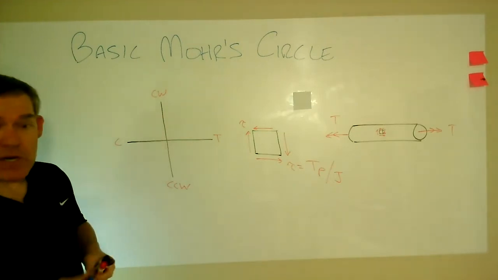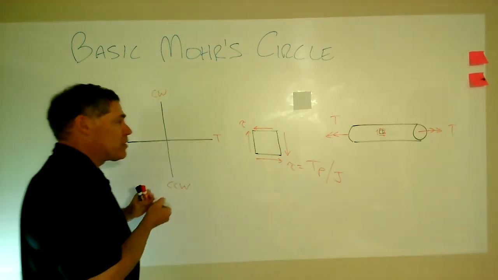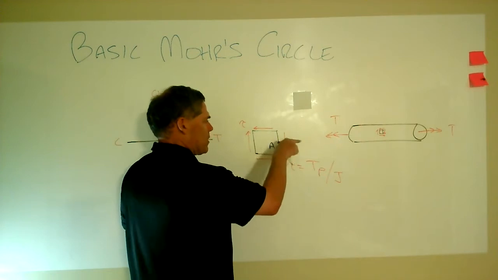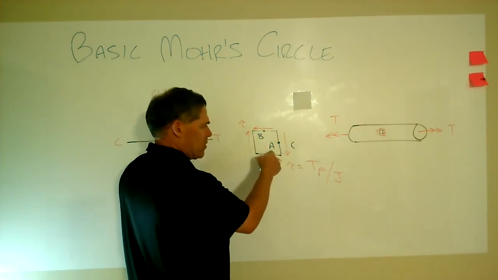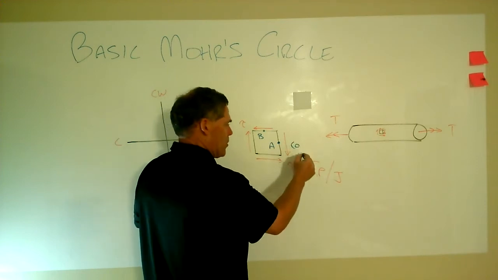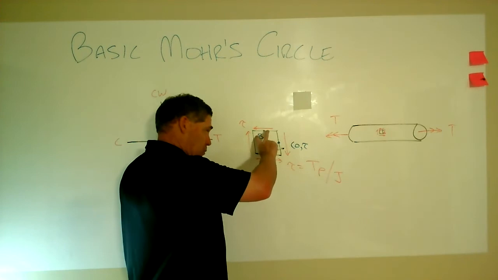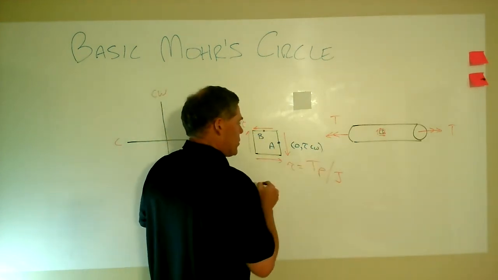Remember that after we get the axes done, the next thing is to get two points for orthogonal planes: point A on this X plane and point B on the other plane. Notice that A will have no normal stress, and it will have tau acting in a way that would want to rotate that block in a clockwise fashion.